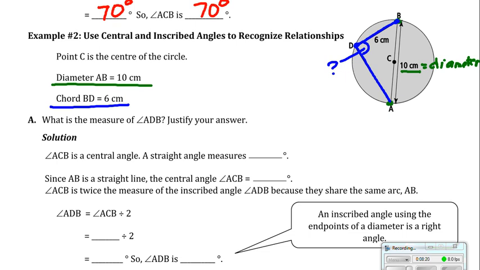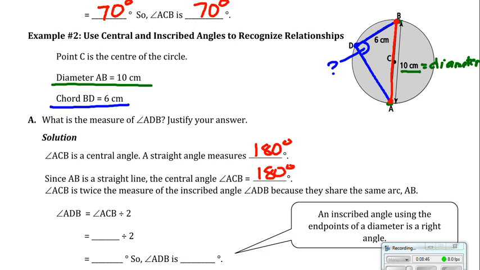And so ACB is a central angle. It might not look like a central angle because it's a straight line. And a straight angle is 180 degrees. So since AB is a straight line, the central angle is 180 degrees.